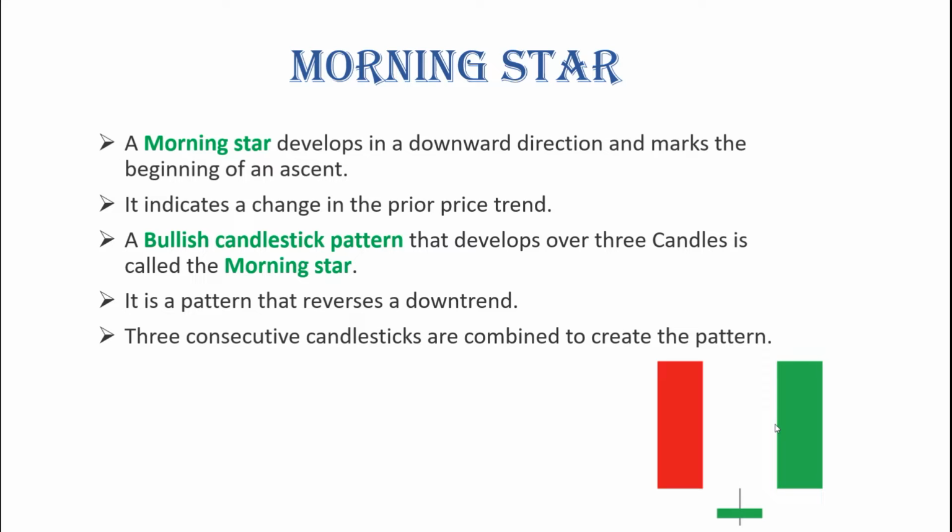So there is a pause for the downtrend and a new trend is formed. A bullish candlestick pattern that develops over three candles is called a morning star. It is a pattern that reverses the downtrend into an uptrend. Three consecutive candles are combined to create this pattern. This is called a morning star.